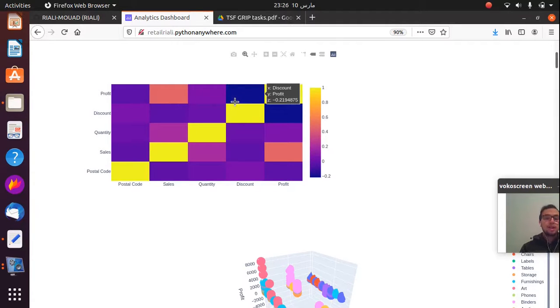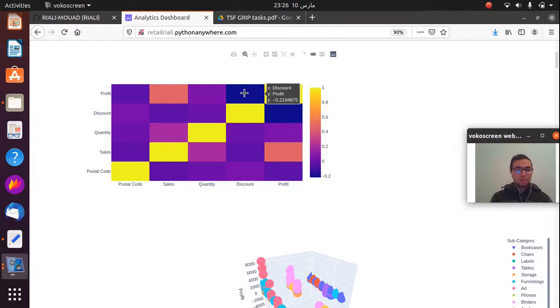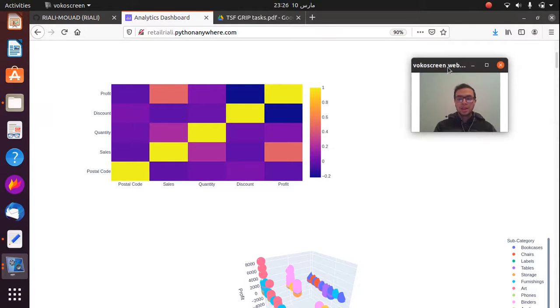Discount is correlated to profit by about minus 22%, which is also interesting. So as a start, we're going to focus first on the discount.